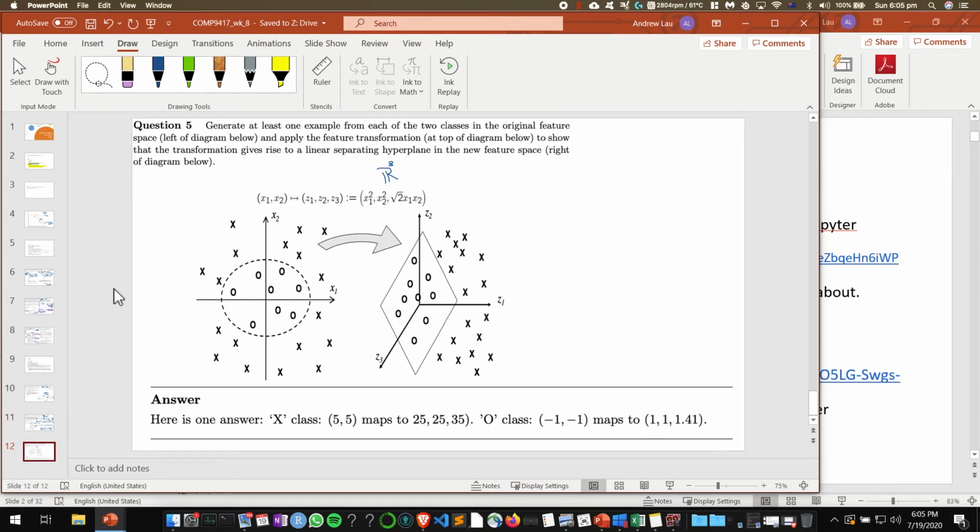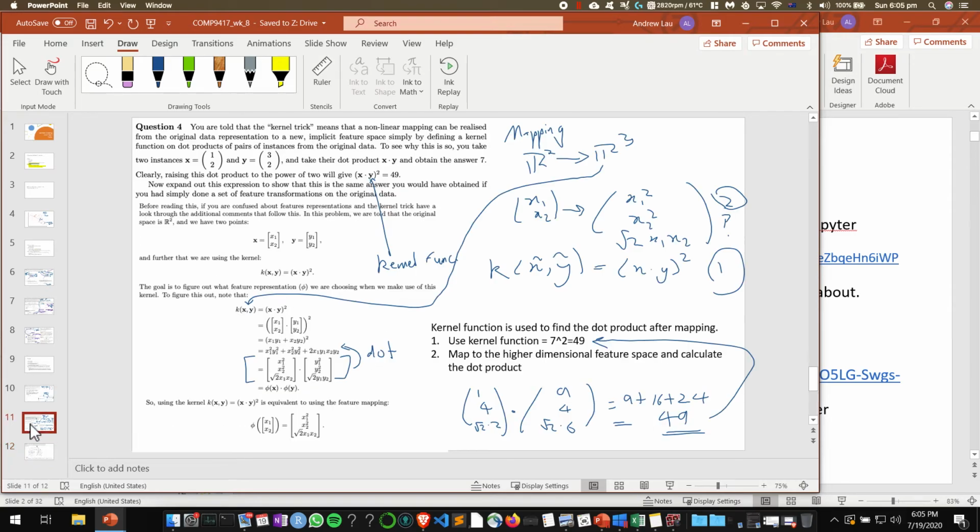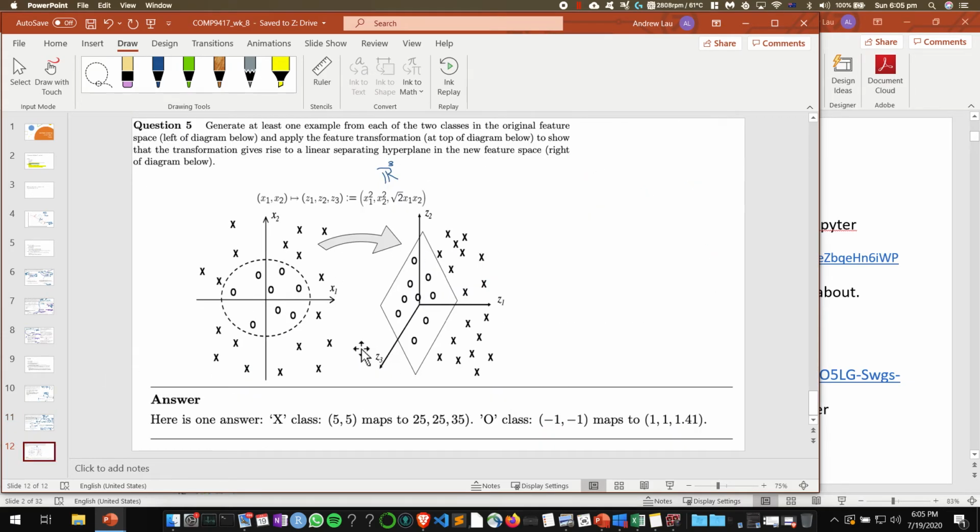Now, the last thing I want to talk about is a practical example. Is it the same mapping? Root 2. Oh, it is. Yeah, this is the same mapping. Okay. So in this example here, there's no separating hyperplane.